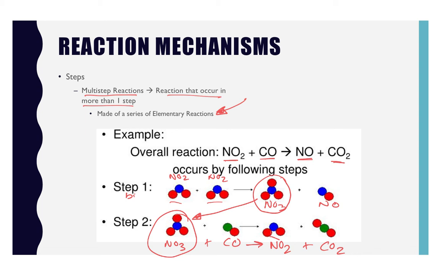One of the NO2s that gets used in step 1 gets recreated in step 2. And so as a result of that, those kind of cancel each other out, and so you end up with the reaction of NO2 plus CO goes to NO plus CO2, even though it happened in 2 steps.